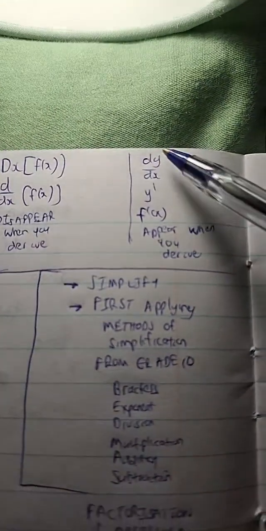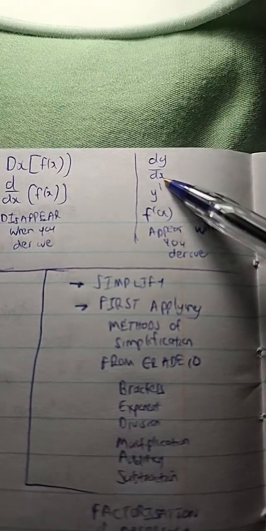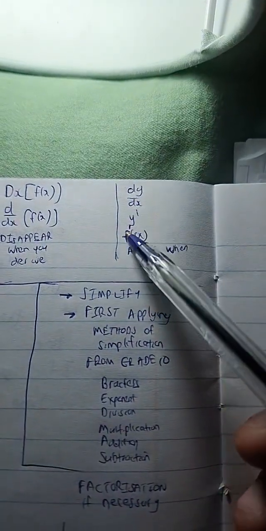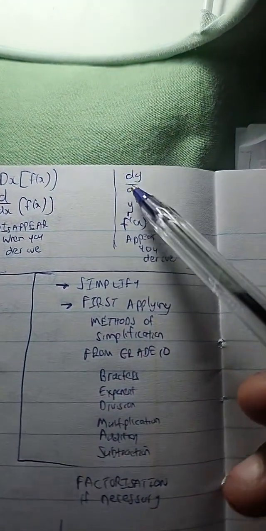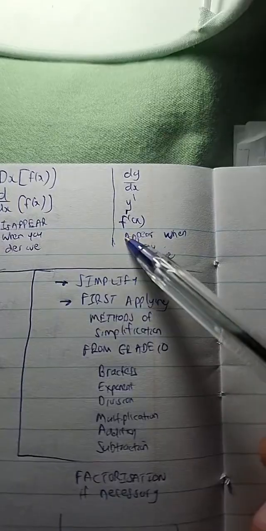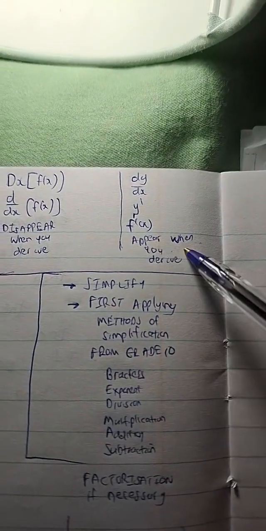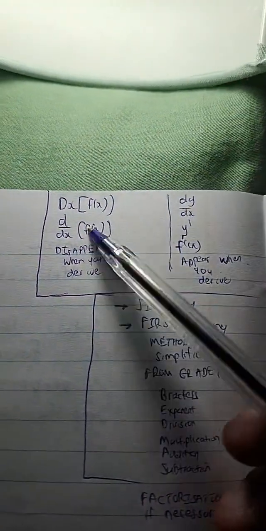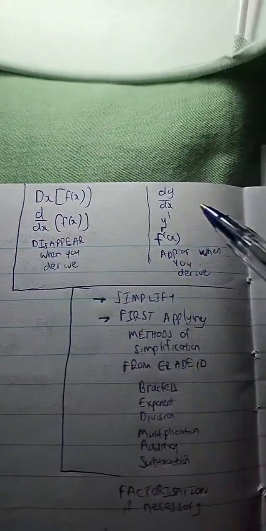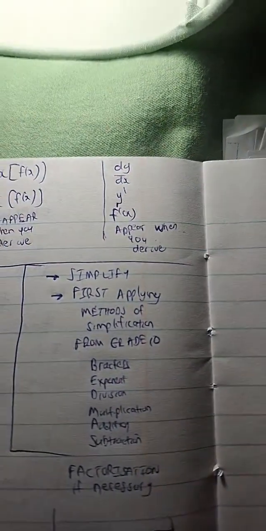On this side, you have dy over dx, you have y prime, you have f prime x. Now these three notations, whenever you are ready to derive, they will appear when you derive. So there's a distinction between the utilization of this notation and this notation.